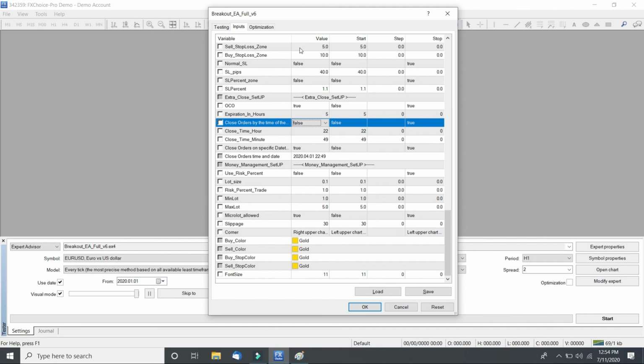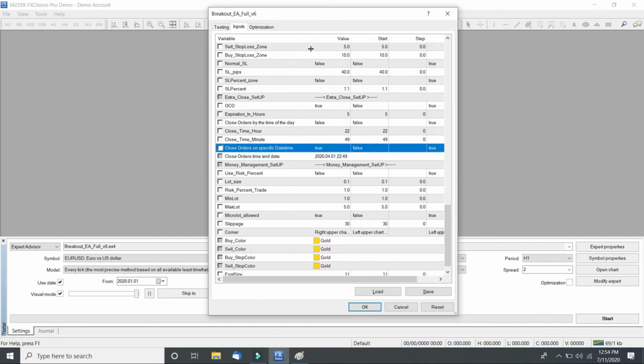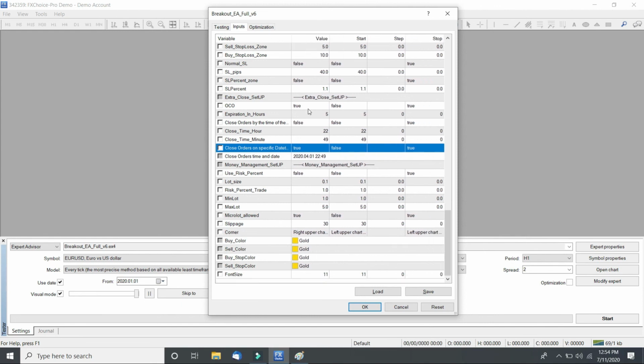this one right here, this one you can set a calendar date, meaning you can say I want this order to close on, what day is today? Today is July 11th.